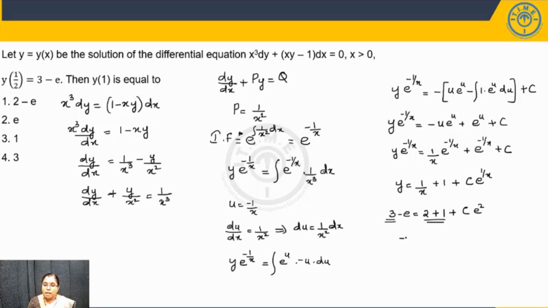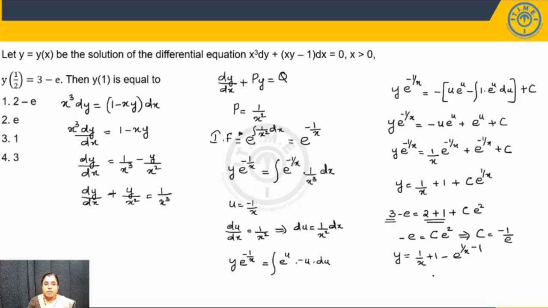So we have minus e equal to c into e square, or let us write c is equal to minus 1 by e. So we get y equal to 1 by x plus 1 minus e raised to 1 by x minus 1.